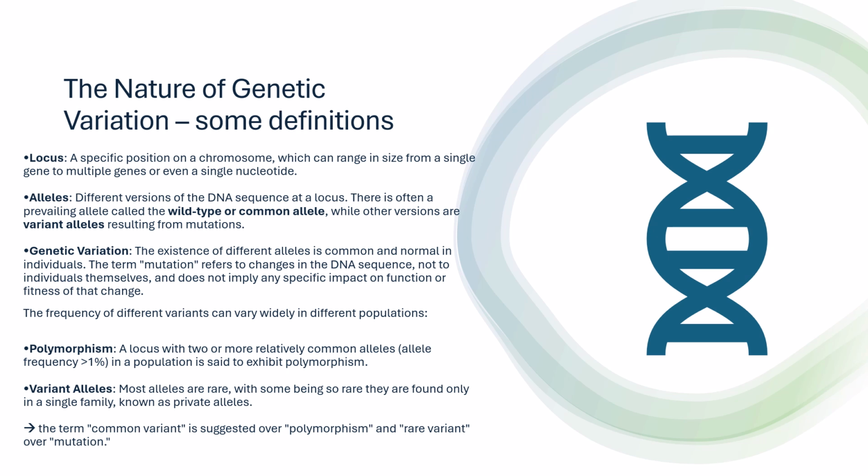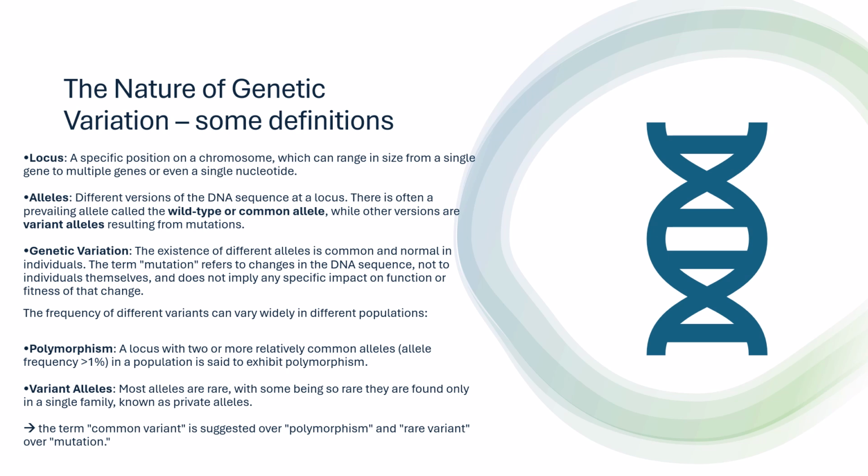If we look at any locus, it will have a DNA sequence. The different versions of the DNA sequence at a specific locus we call alleles. So for example, if we look at a specific locus and the DNA sequence was ABC, and there's another version, CBA, we call each of them an allele.